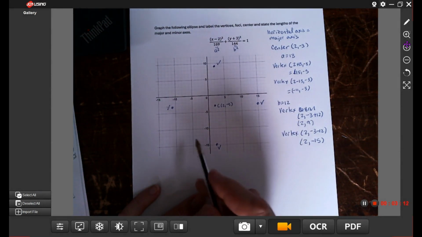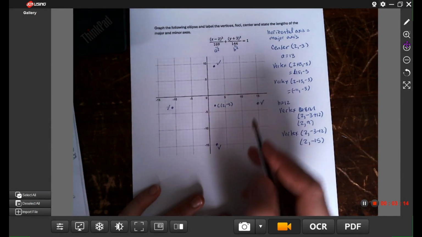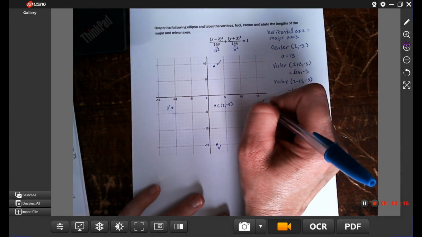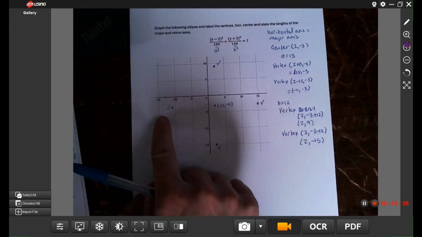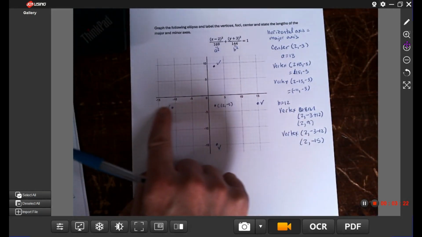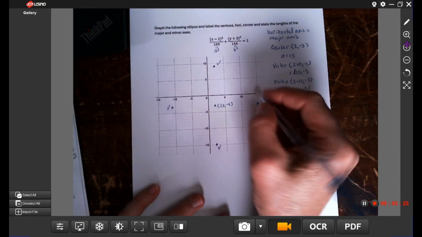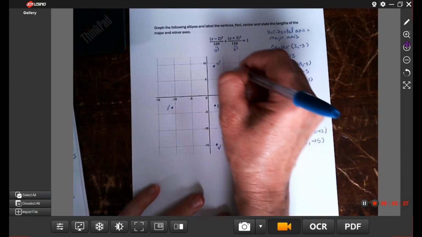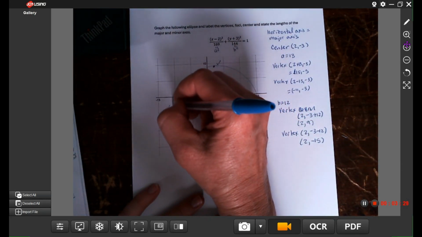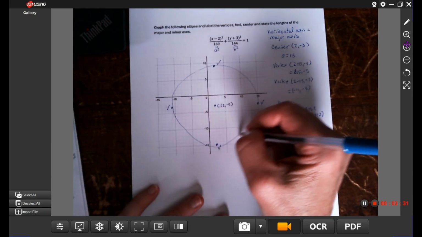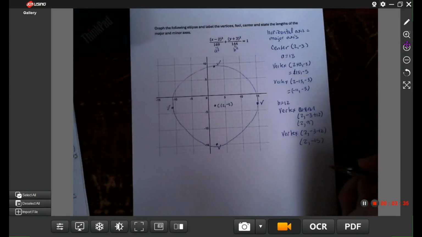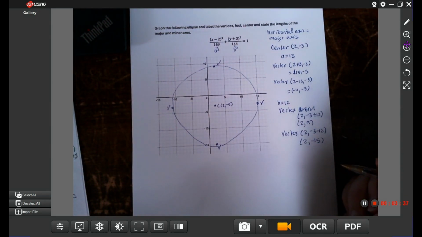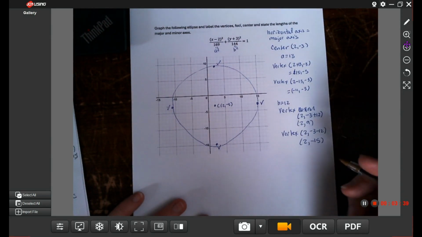Now, we do have enough information to graph it, but then we're going to put the foci on here. So it almost looks like a circle, but not quite. This direction has a larger axis than this direction. So let's connect it with an ellipse, so an oval shape. So there's my ellipse. Again, almost but not quite a circle.